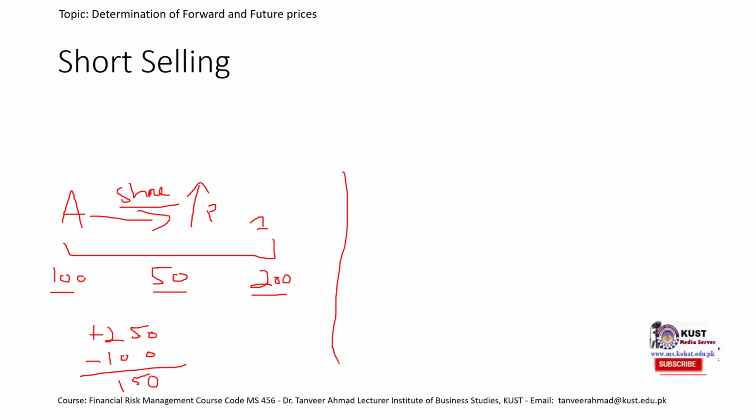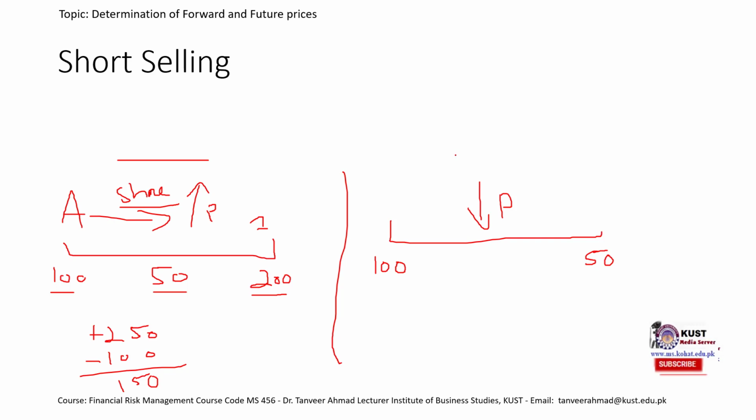Now if this investor anticipated that the price would decrease, say to 50, his expectations are bearish. In the earlier case his expectations were bullish, in this case they are bearish.